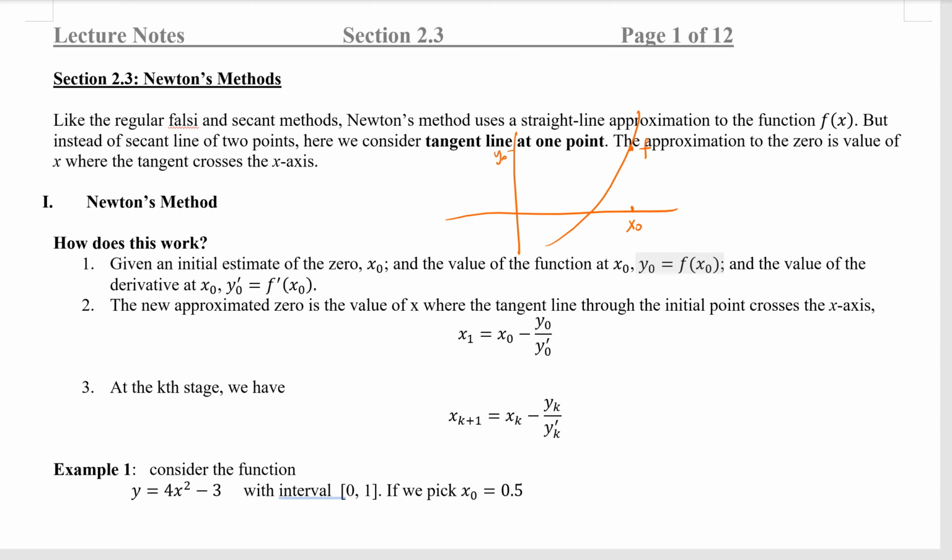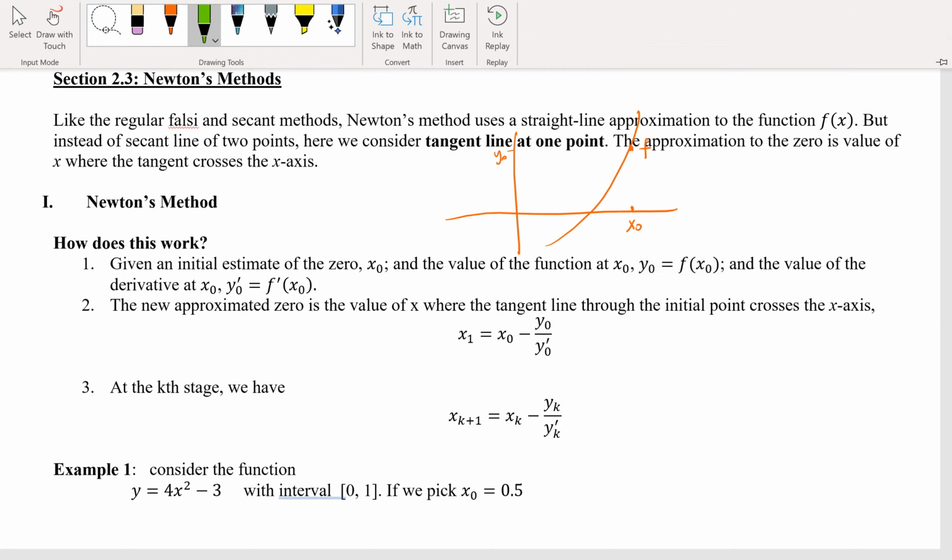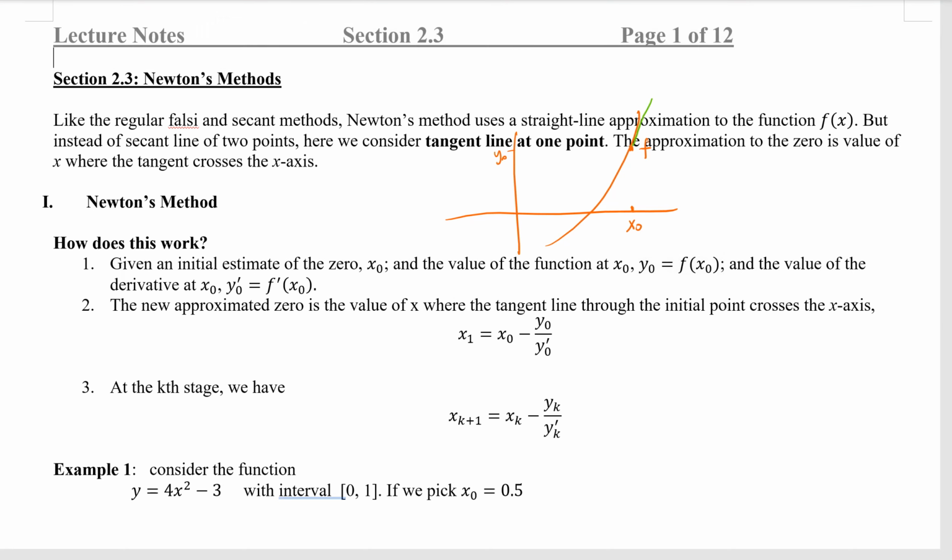Then we can consider the tangent line at x0. So that is the line tangent to this curve, and you can see it passes through the x-axis at x1. Let's say x1. So x1 is our estimated value.